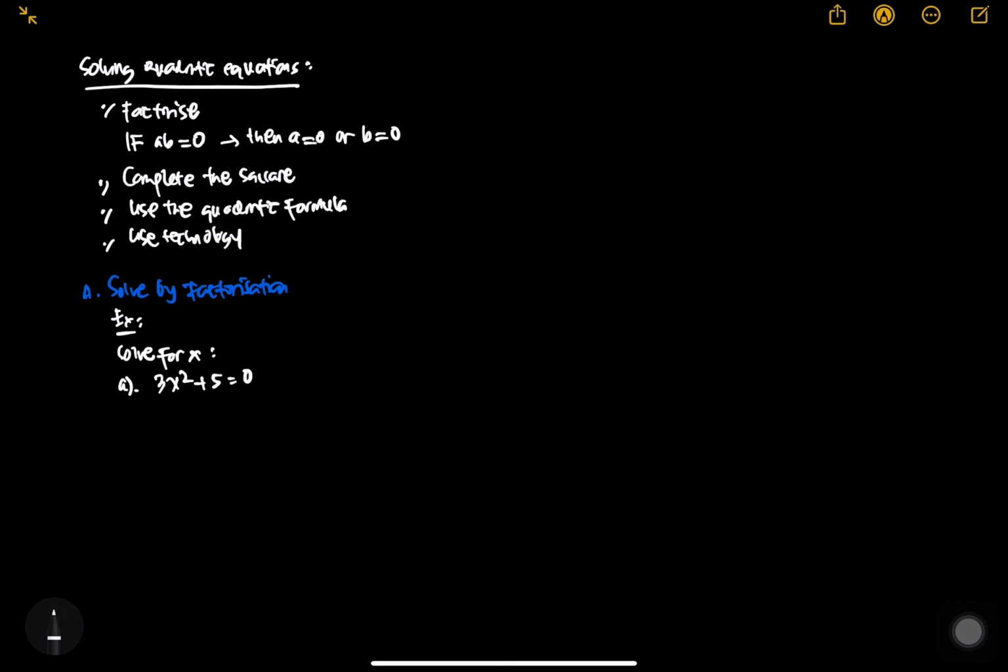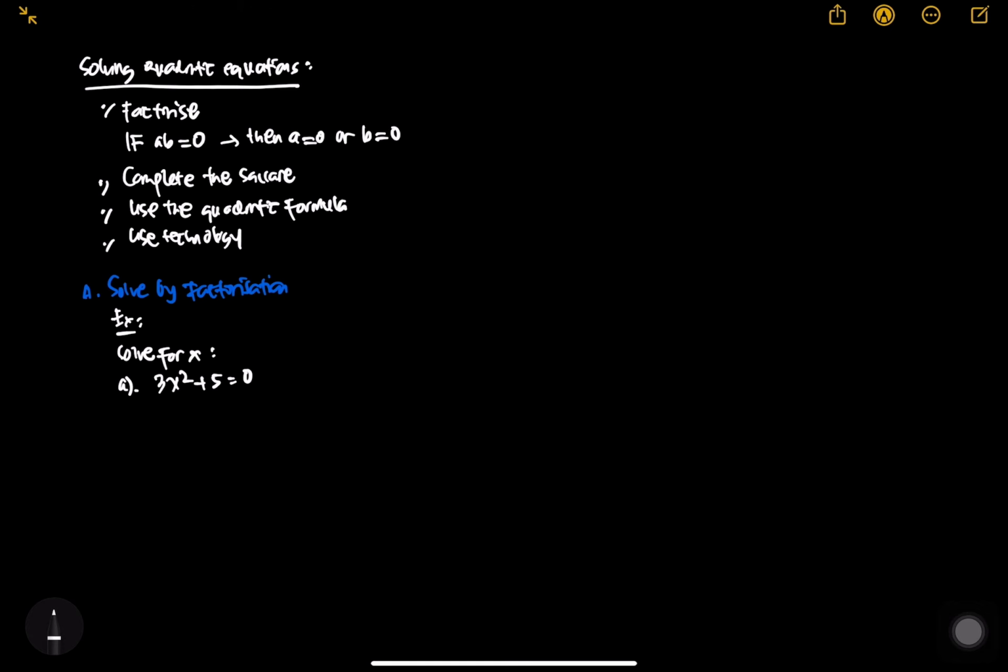Because we're going to find the value of x, we have to factorize the equation. If you find something that is not in the quadratic form, then you have to rearrange it. So that's the first method. After that, you can fully factorize it, and then you can find the value of its variable.